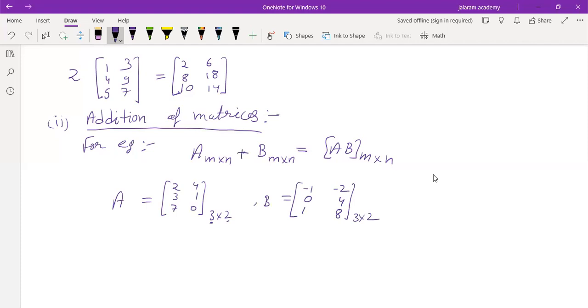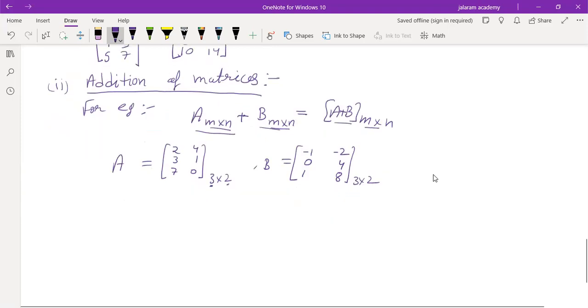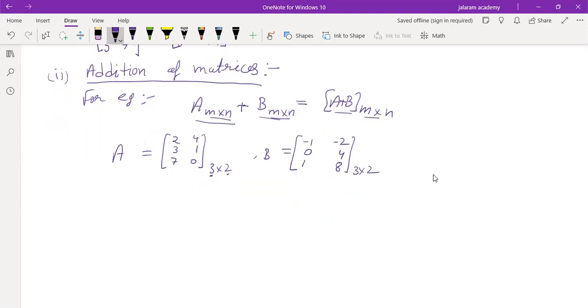We are discussing their sum, not product. So we have to apply plus also. So if two matrices are added, their orders must be same, and the order of their sum will also be same. Is that clear to you? Now, order of A is 3 cross 2, order of B is 3 cross 2, and if we add them, we have to add element to element.